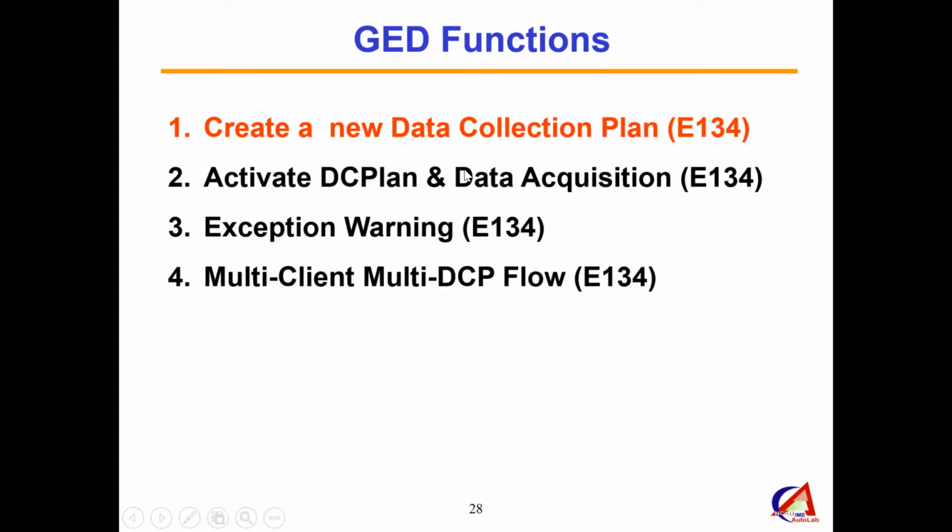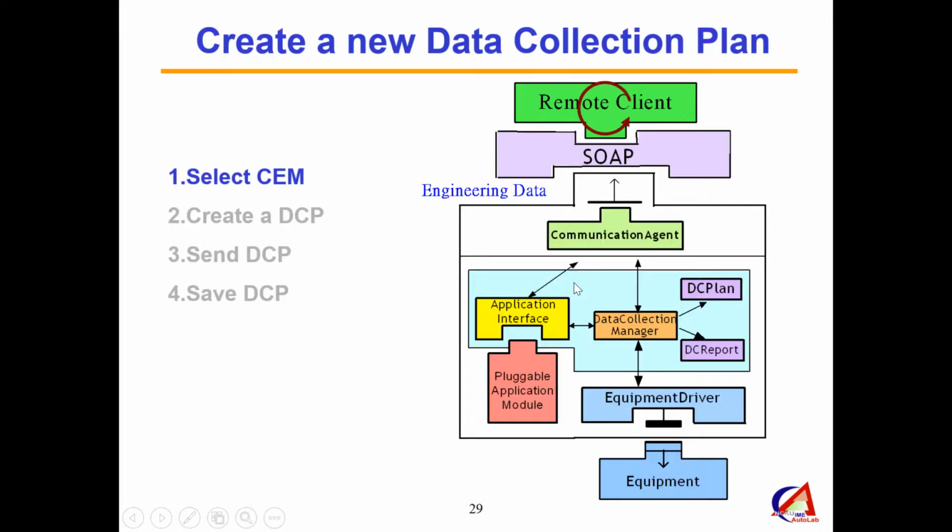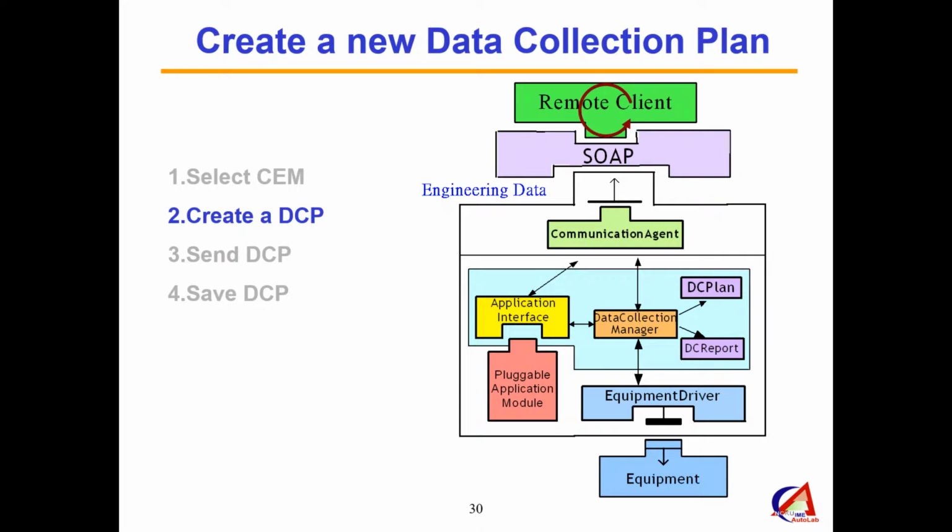So you see how we can create a new data collection plan, then activate the data collection plan and data acquisition. Then we have exception handling, warning, and multi-client and multi-TCP flow. So you see, create a new data collection plan. Then create a DCP. Okay, then send DCP to the GED.